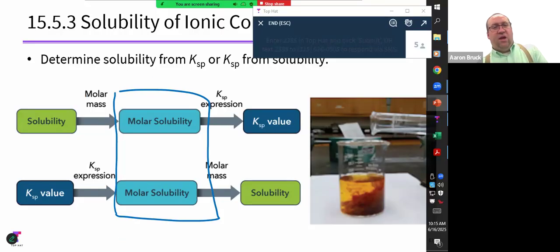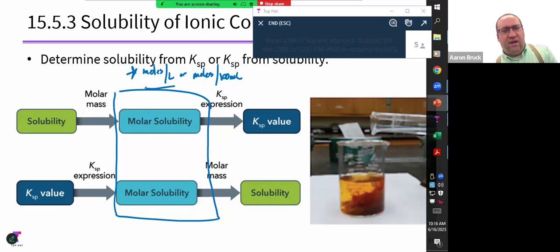Molar solubility would be moles per liter or moles per 100 milliliters, depending upon the unit that is given. And preferably, we would want it to be moles per liter, because if it is moles per liter, we know that molarity goes straight into equilibrium expressions.